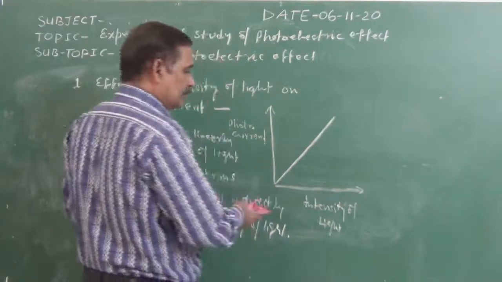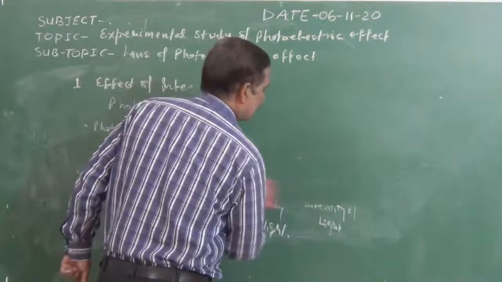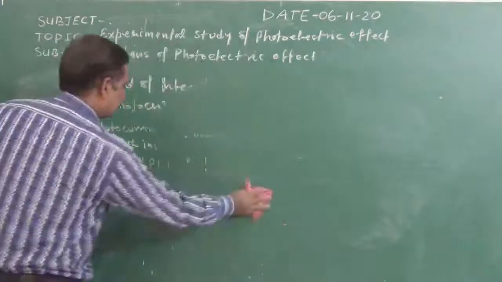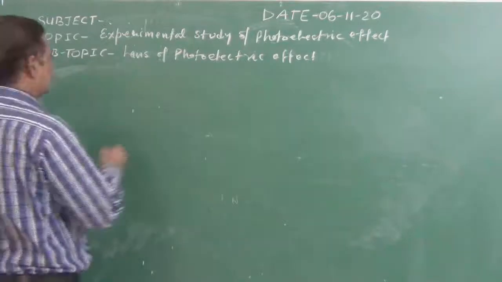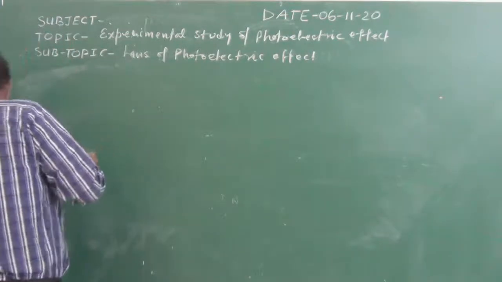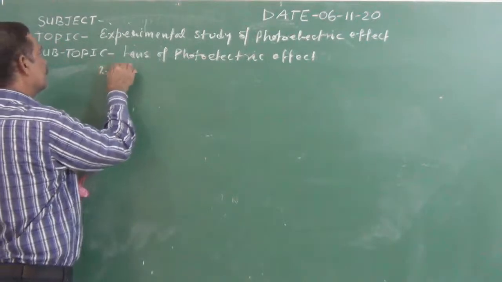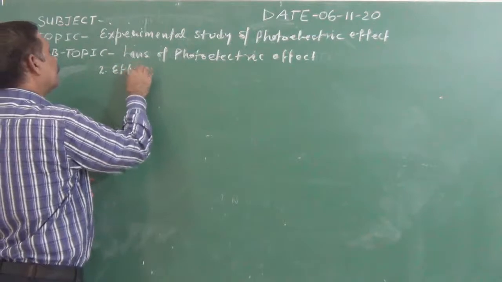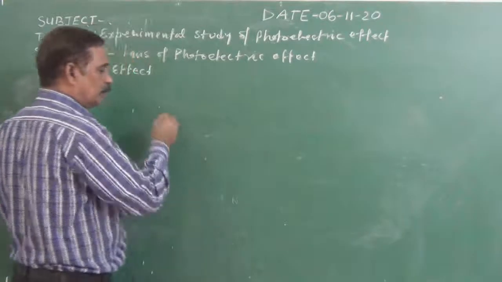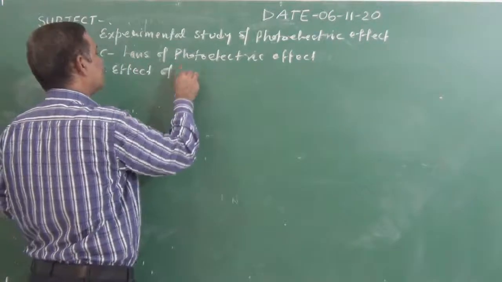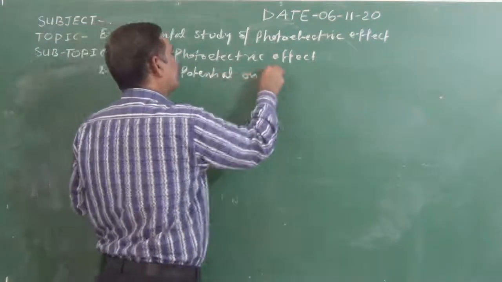Now the second point: effect of potential on photoelectric current.